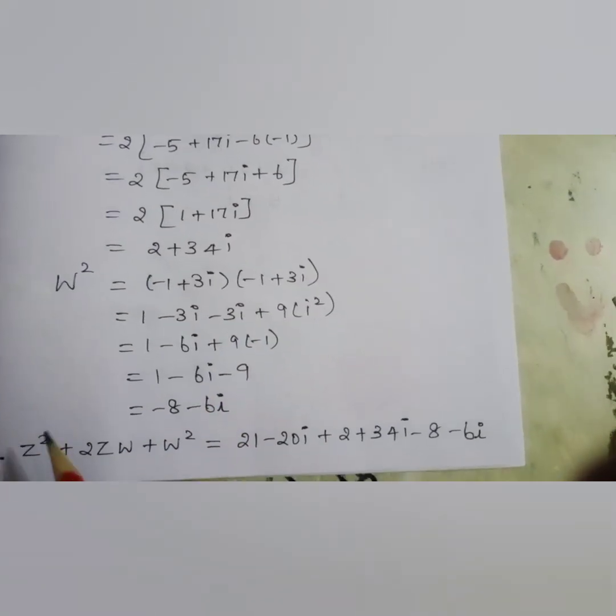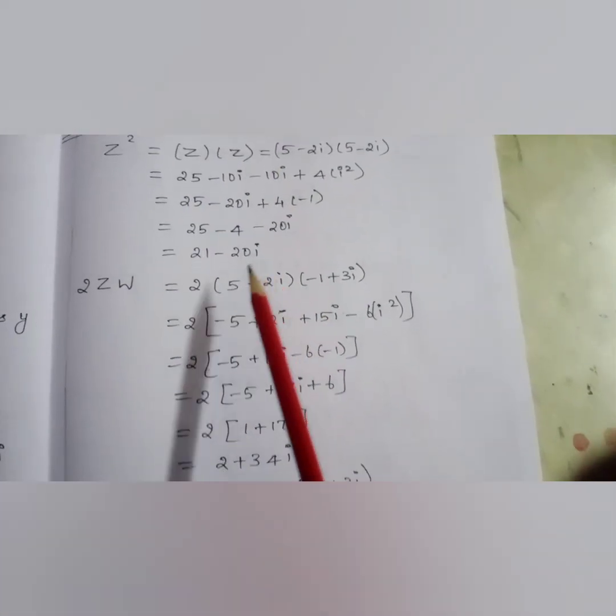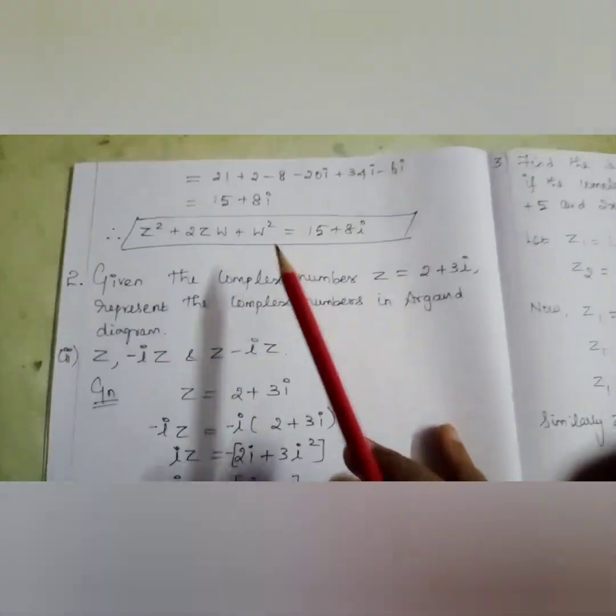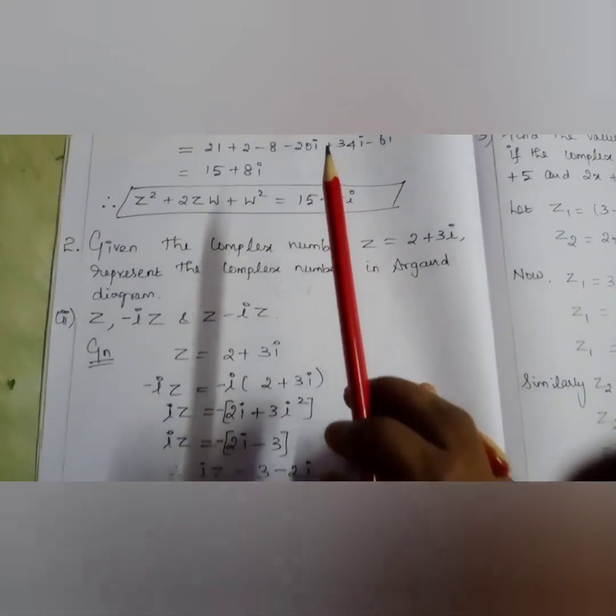Now I will substitute all these values: z square, that is 21 minus 20i, 2zw, 2 plus 34i, and w square, minus 8 minus 6i, everything in one single line, and I am getting the answer to be 15 plus 8i.